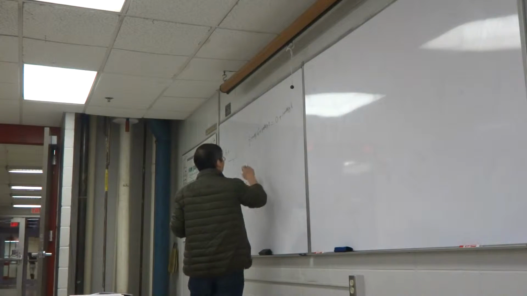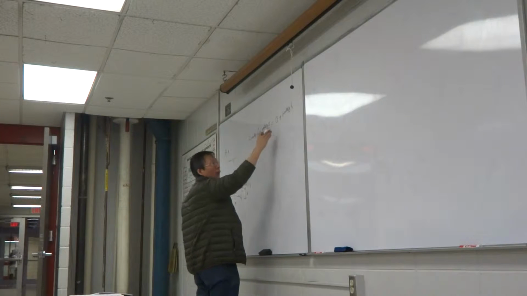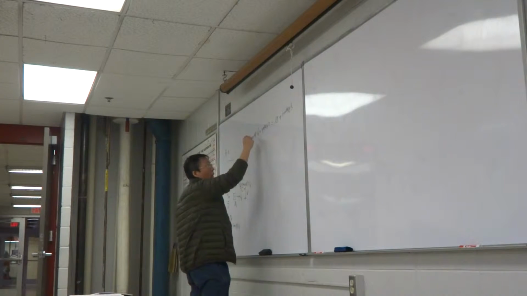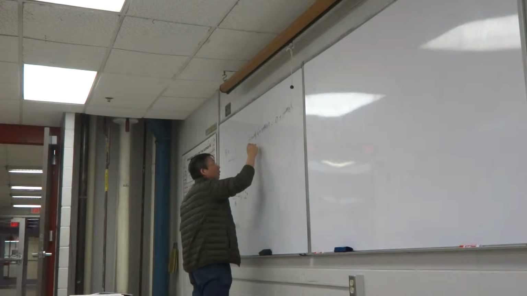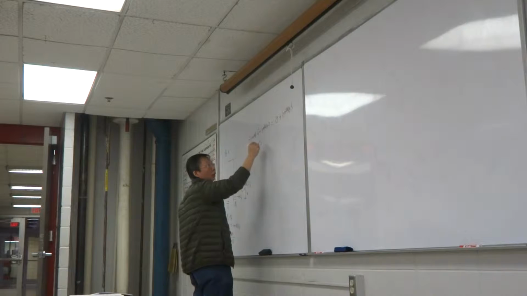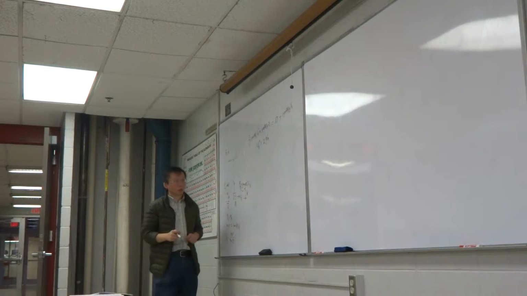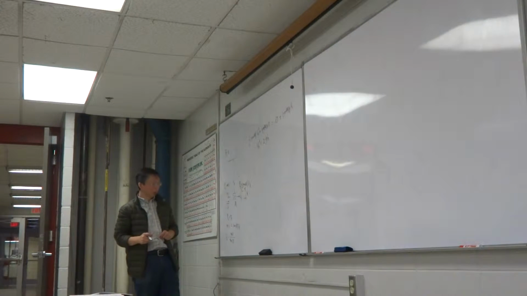So from here we can relate the final speed and h. Cancel the m plus M. So the final speed squared equals 2gh. Okay?